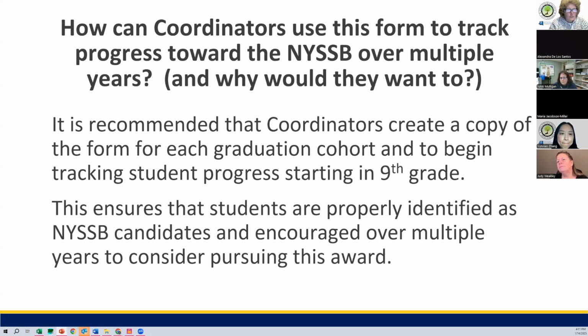And I want to be able to tell them, hey, if you still speak your home language other than English, or if you are still going to take Spanish in 12th grade, I've got a program there for you. And it's a nice way to be able to make sure that you are identifying all possible students that are eligible and to reach out to them and encourage them over multiple years to pursue this award. It also makes your job a lot easier come reporting time because you would not have to scramble to get that information.